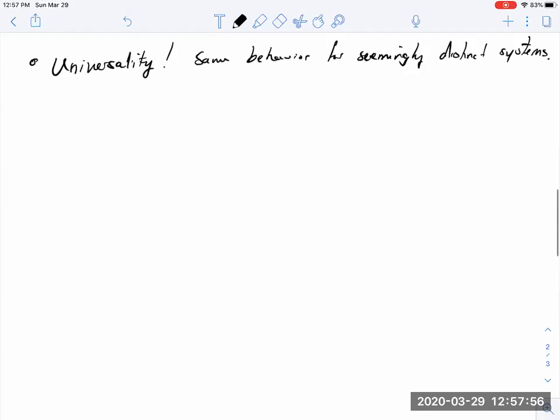Now, we can get a sense for why a system exhibits universality by thinking about the heat capacity.